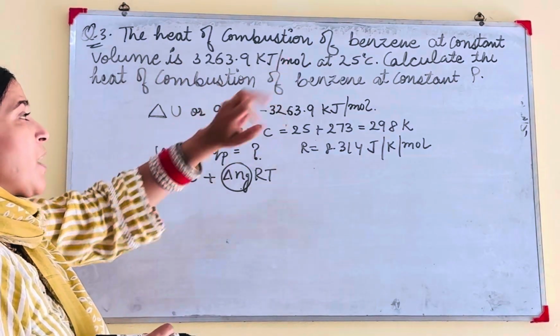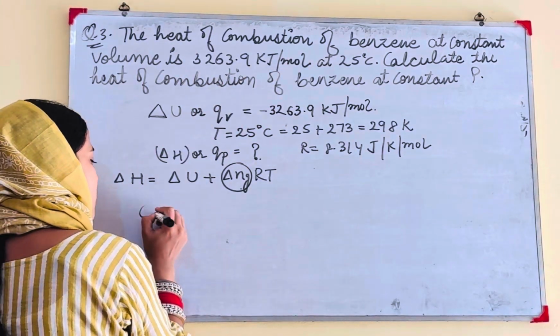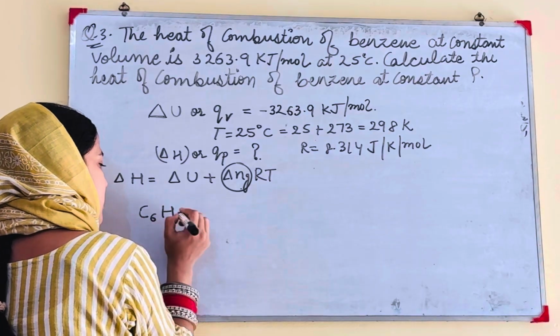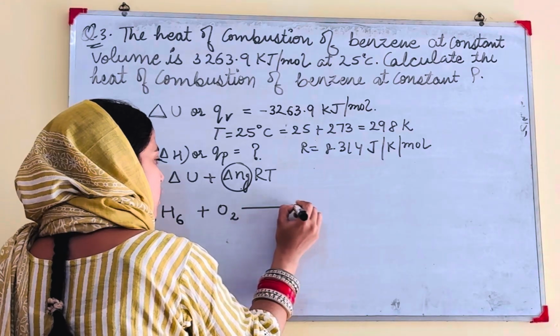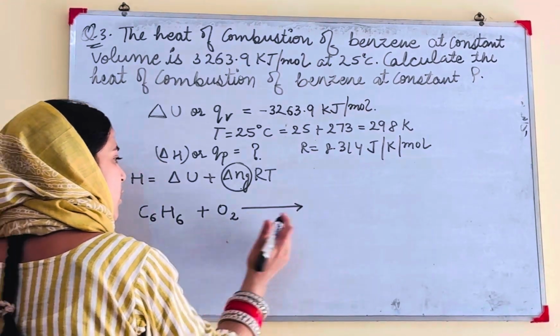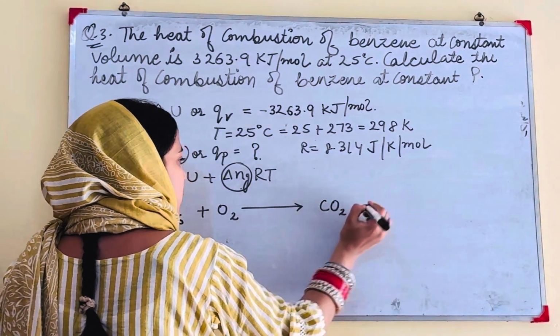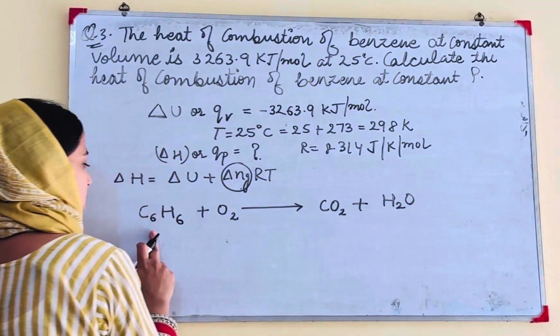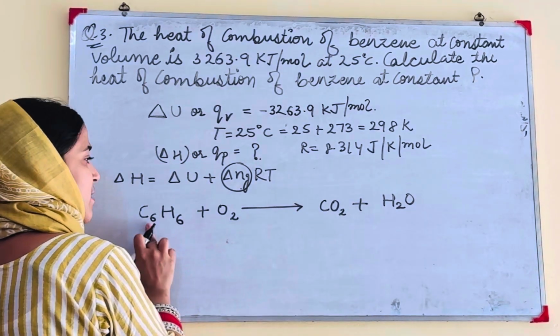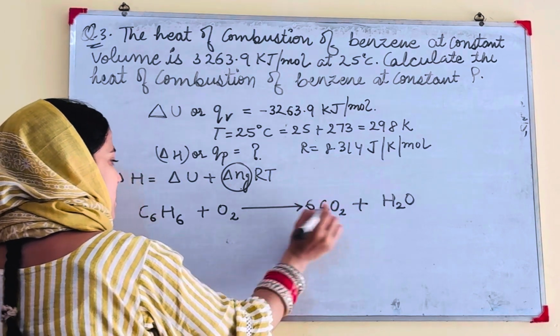Now there is the combustion of benzene. Combustion is basically what? C6H6 is benzene. Basically it is a reaction with oxygen. When it combines with oxygen, it will form CO2 and water. Now our next task is to balance this reaction. There are 6 carbon, so put 6 here.